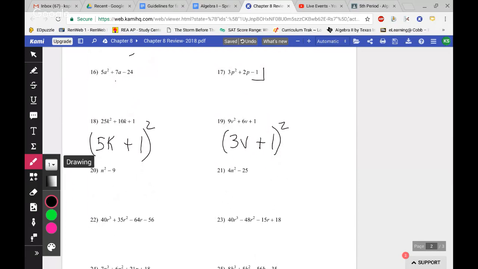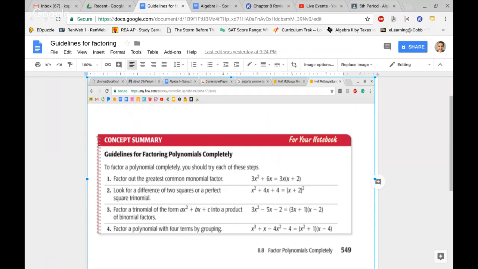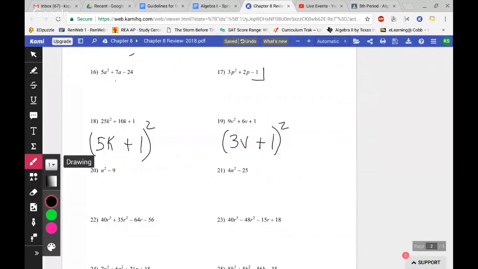All right. Now, number 20 and 21, these are the difference of two squares. And let me show you how to recognize that. The difference of two squares is when there's only two terms, which 20 and 21 both fit.